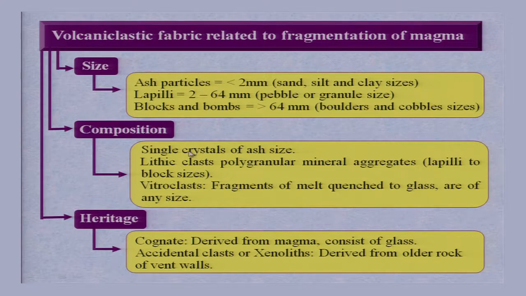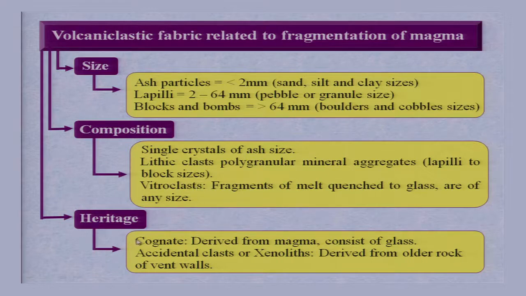Here the composition is more or less uniform. Here the composition is varied. Third one is vitroclast. Fragments of melt quenched to glass are of any size. So, the fragments are of varied size, but they are glassy fragments. Their composition may be different, but they are glass.